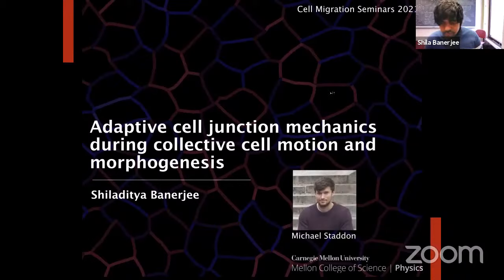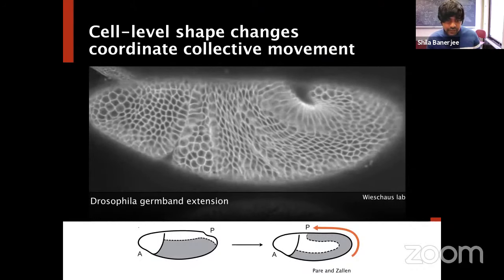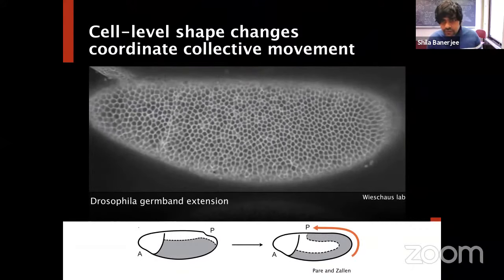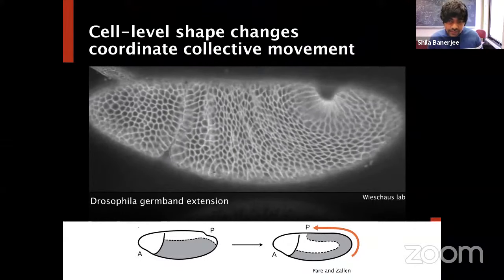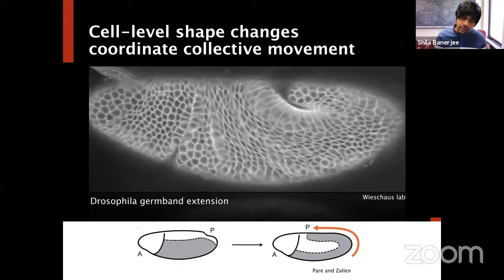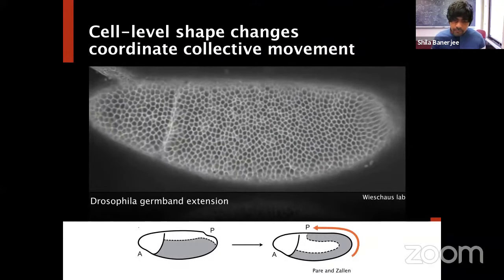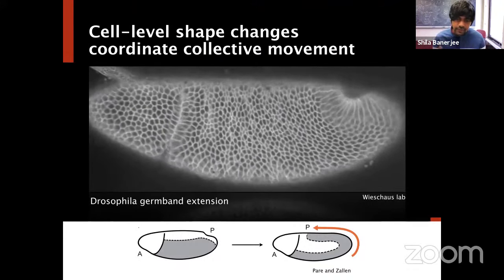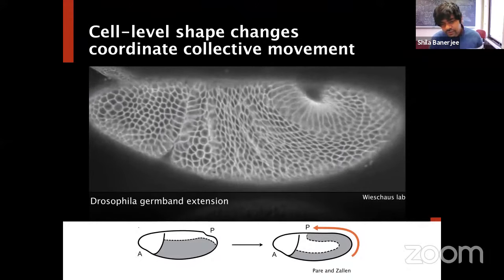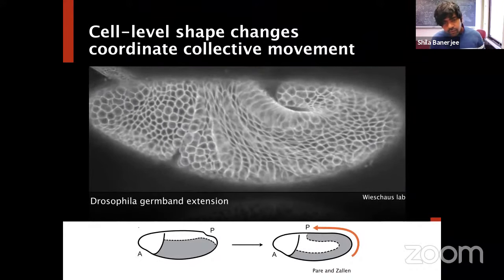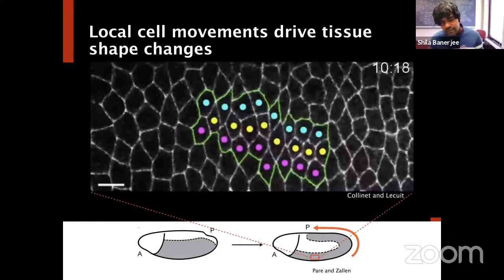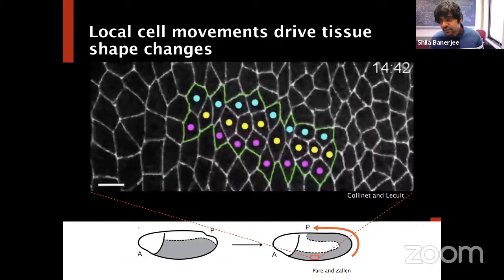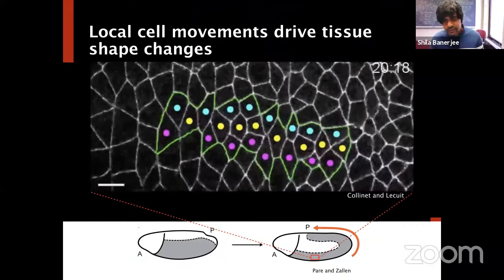As you all know, in development, epithelial tissues undergo complex shape changes. Shown here is a very familiar movie of Drosophila germ band extension. What you see is that as the tissue elongates, you see dramatic cell shape changes and rearrangements at the scale of individual cells. While the tissue elongates, this elongation is really driven at the cellular level by intercalations.